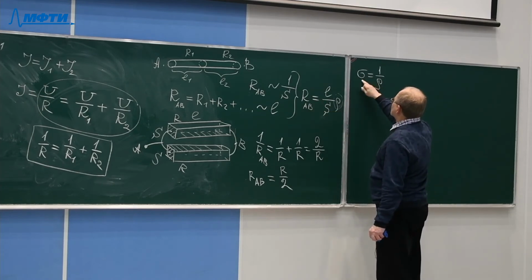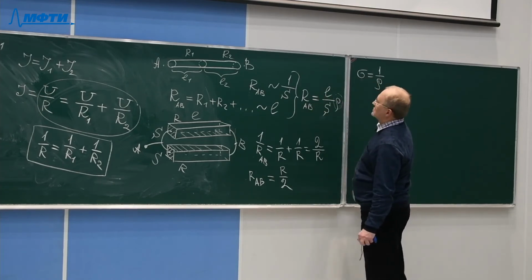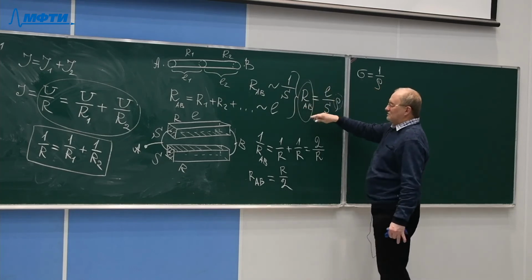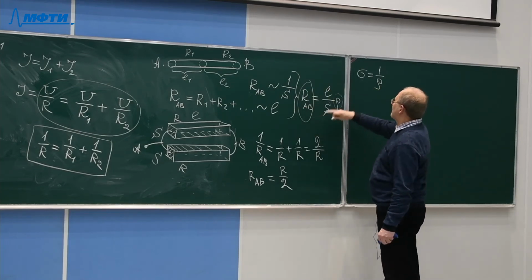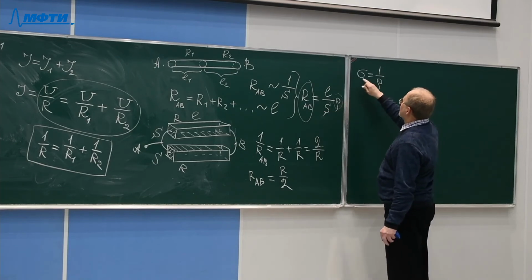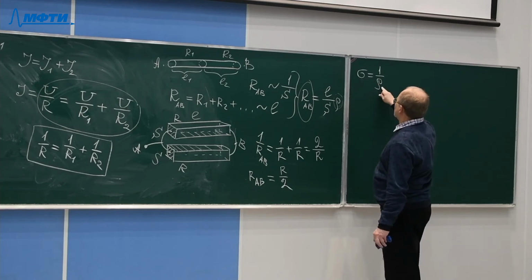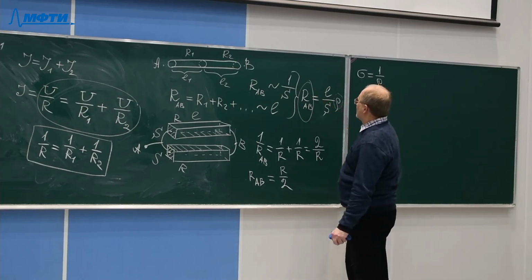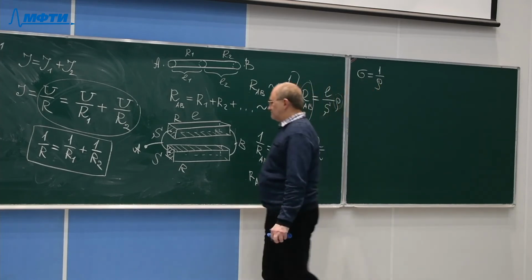And the smaller the electric conductivity, the larger will be the resistance. So if we have a piece of rubber with very large resistance, because this rubber is a good insulator, then it will have a very small electric conductivity and very large rho, which will account for a large resistance.